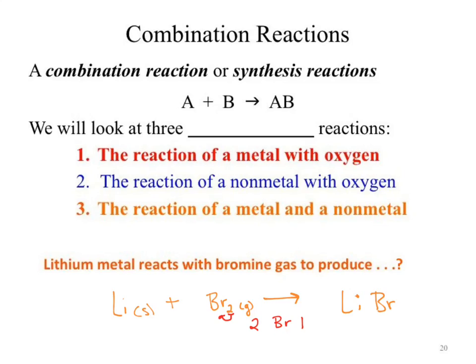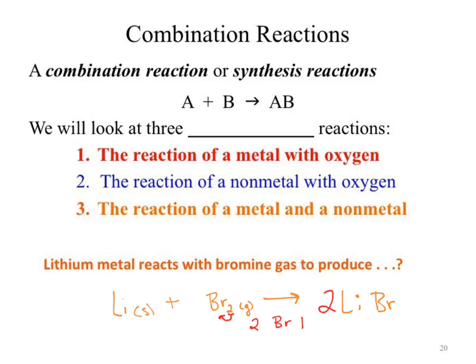So what do we need to do? We need more bromine on the product side. So how can we make sure there are 2 bromine on the product side? We'll put a coefficient of 2. Okay? No subscripts, because what happens if we change the subscript?